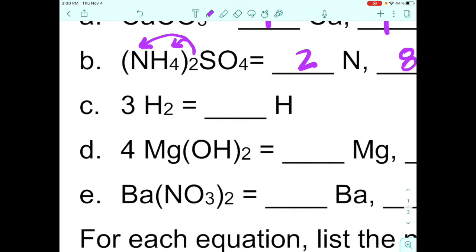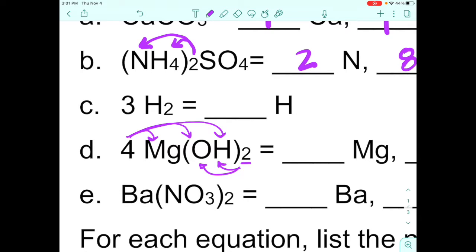So the 2 here only goes to what's in the parentheses, the hydrogen and the oxygen, but the 4 goes to everything. Okay, the 4 goes to everything in the formula.